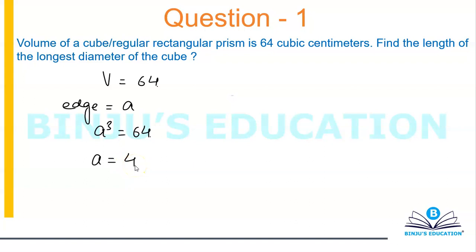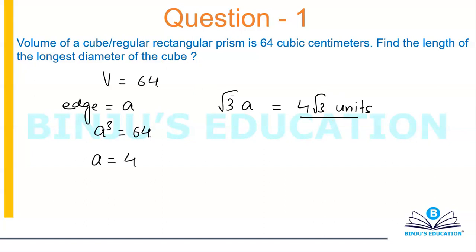That is, the edge length is 4. Now we need to find the length of the longest diagonal, which is root 3 times A, which is 4 root 3 units. And that's your answer.